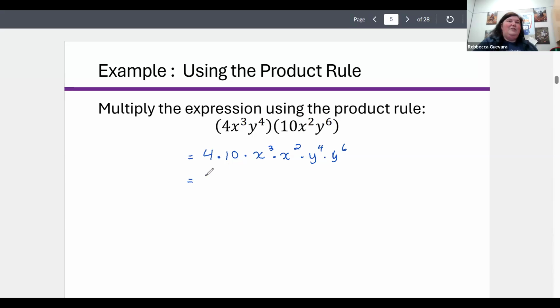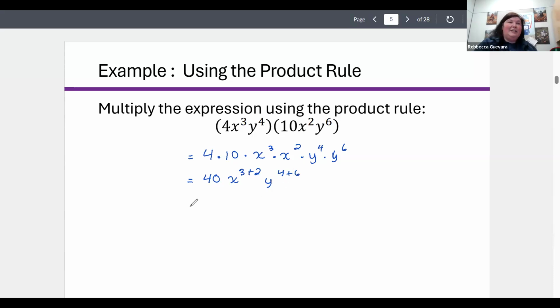So 4 times 10 is just going to be 40. I have here x to the 3rd and x to the 2nd power, same base, add the powers. That means altogether I'm going to end up with 5 x's. For y, I'm going to have 4 y's here and then 6 y's here. Same base, so we add the powers.